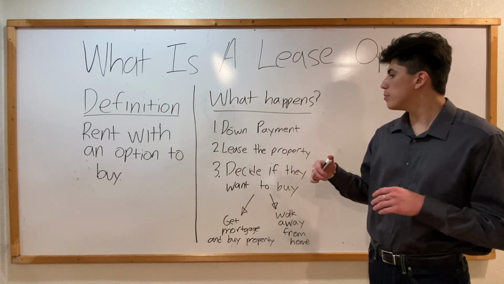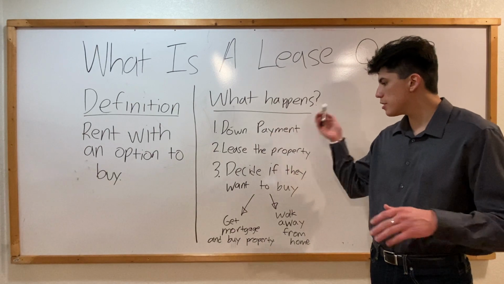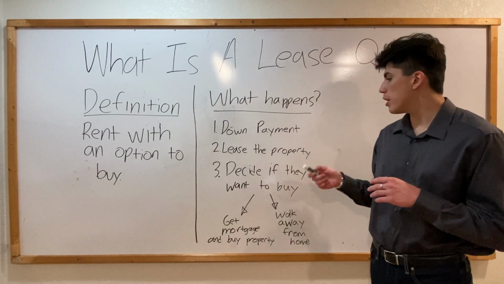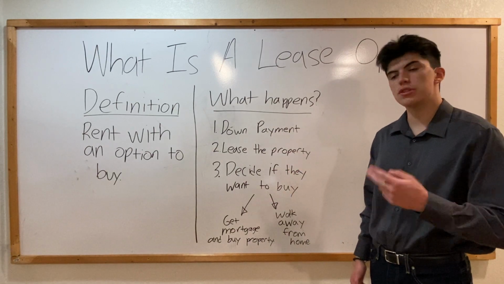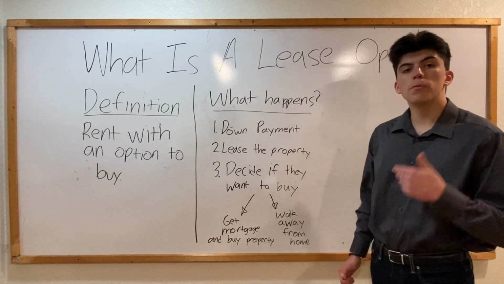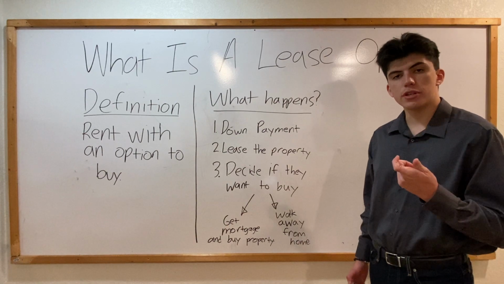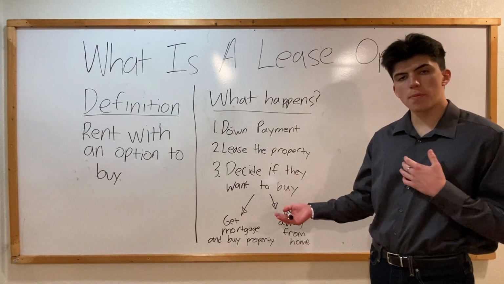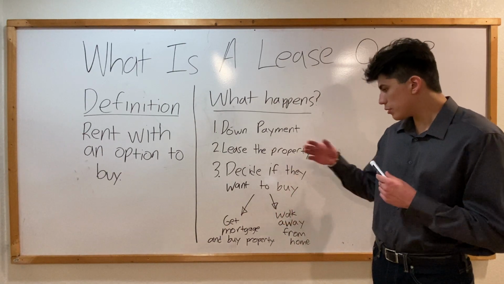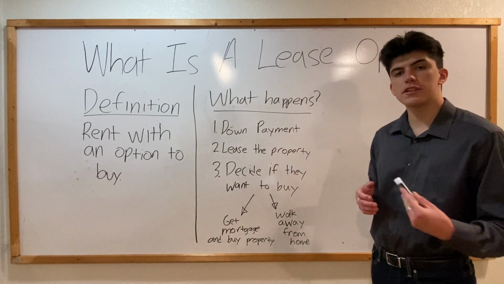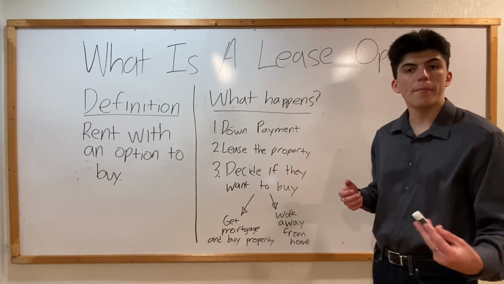So the buyer puts in a down payment, this down payment goes to the seller, then the buyer moves in, leases the property for 2 years, and during that 2 years, there will be a time frame where the buyer has an option of whether they want to purchase the property or not. So during the time they're leasing it, they get to decide, do I like this property? Do I want to buy it?